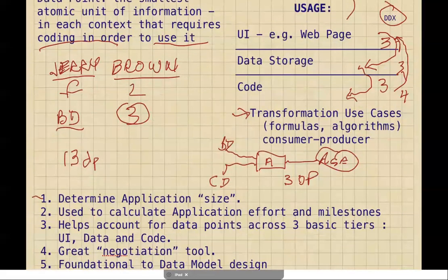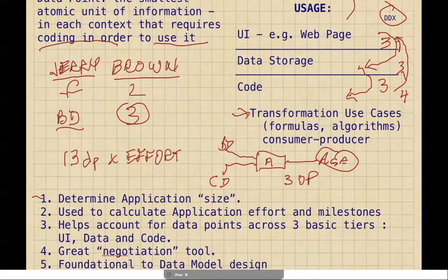So then when we go to calculate effort and milestones, we calculate them with these data points in mind, because instead of just trying to come up with story points, which is very arbitrary, or looking at it and saying the effort, I'd say that's a week or 2 weeks or whatever, 2 days. What we look at here is the number of data points times the effort that we're going to assign to each data point.